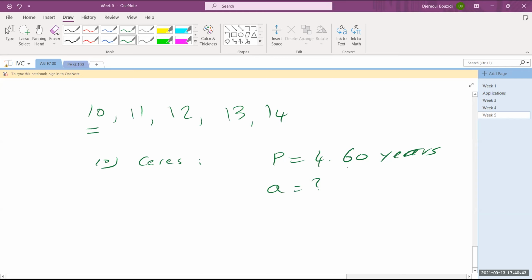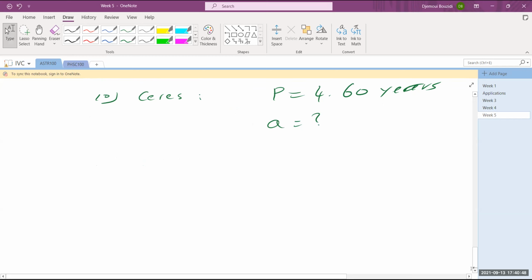So 4.6 years. Well, if I use Kepler's law, P squared is equal to a cubed. I know P. I can find what a is from this equation. P is 4.6. When I multiply 4.6 times 4.6, this must be a cubed according to the third law of Kepler.